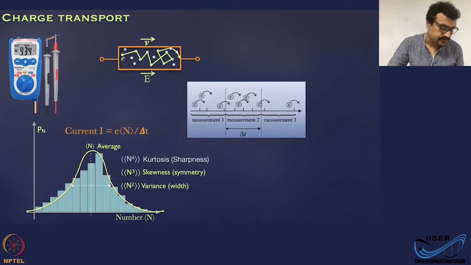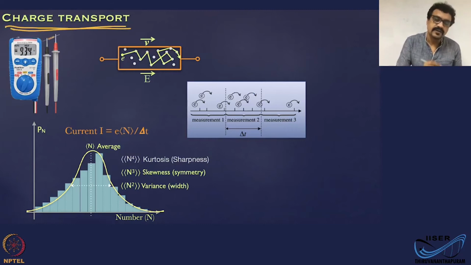Now, let us relook at the charge transport in terms of the electrons going through a circuit, in terms of electrons going in a discrete manner.